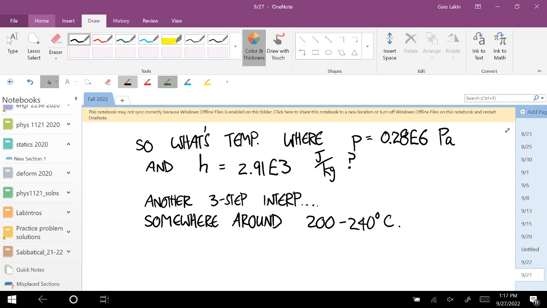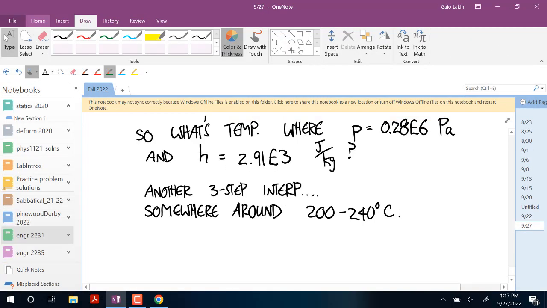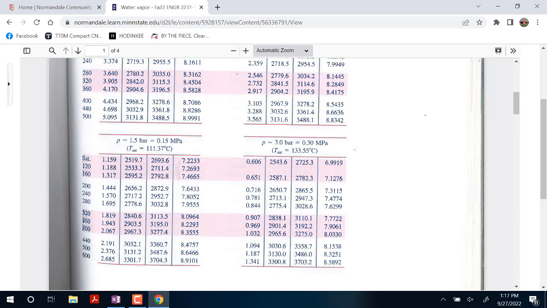Oh, one thing. You can see how much more dependent this is on temperature than pressure.